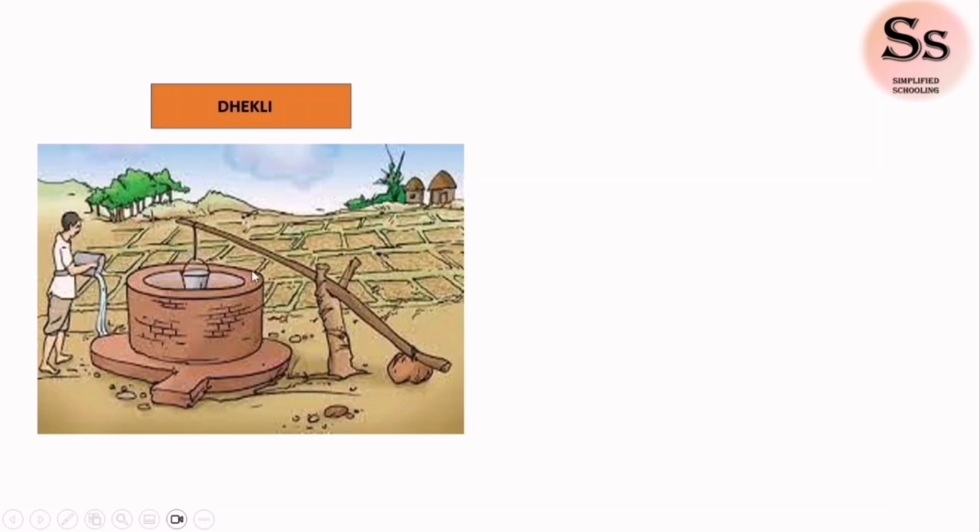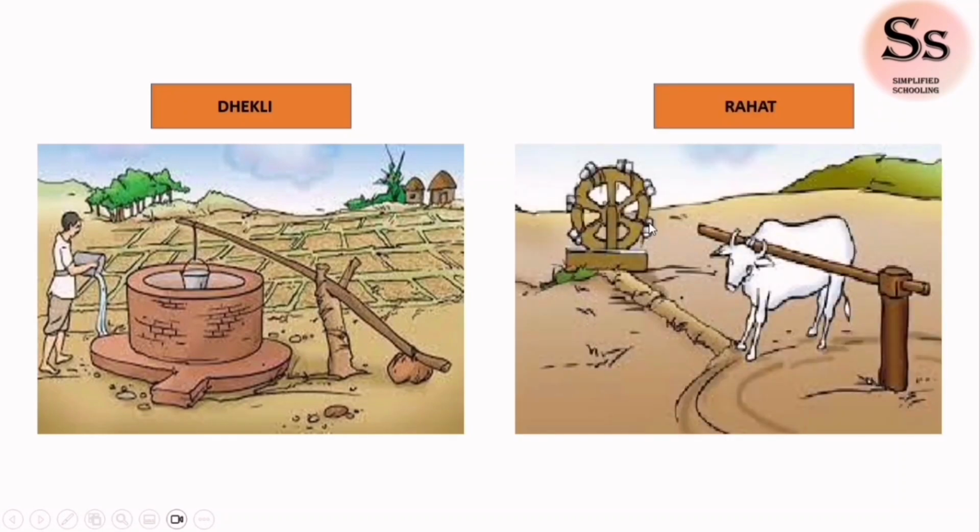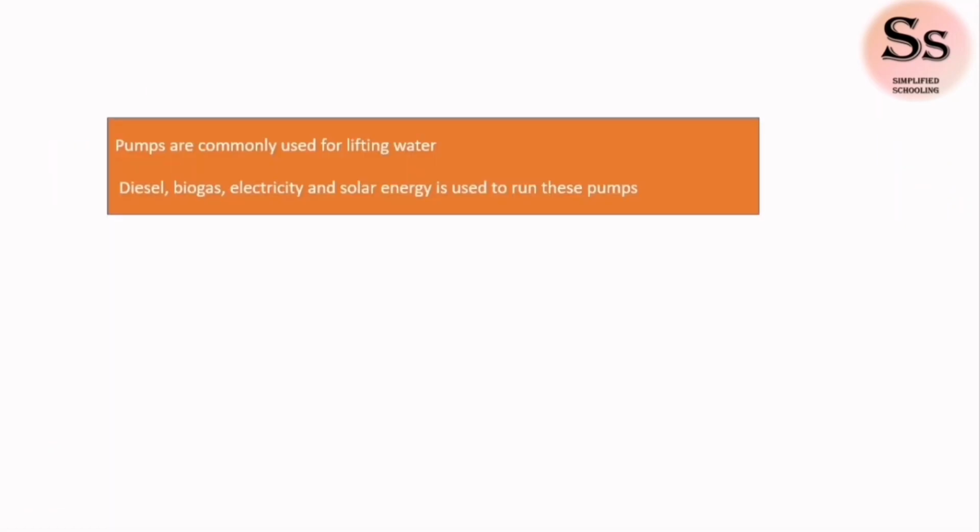The fourth one is the rahat, which is a lever system in which the cattle is used to move the lever in a rotating manner in order to fill the container with water, which is then used for the irrigation. When the water supply is deep, pumps are commonly used for lifting water. Diesel, biogas, electricity, and solar energy is used to run these pumps.